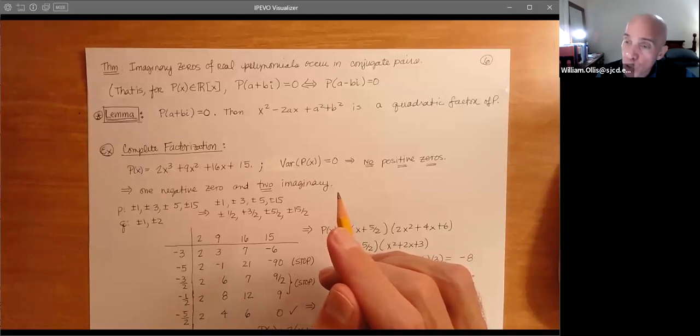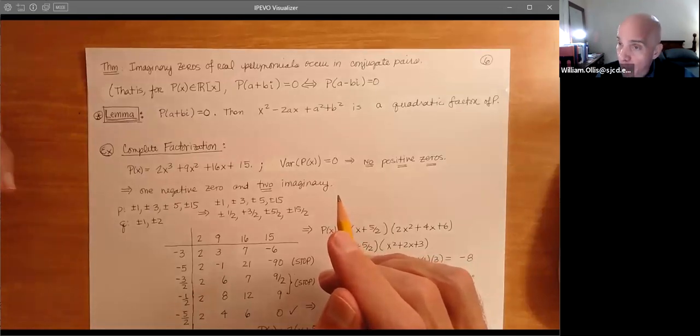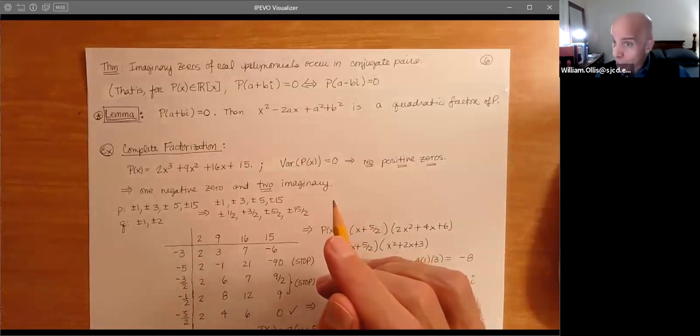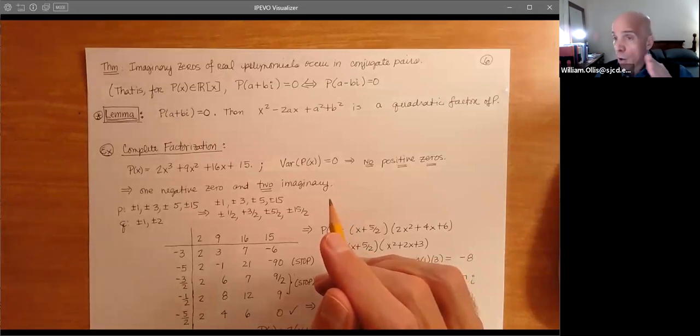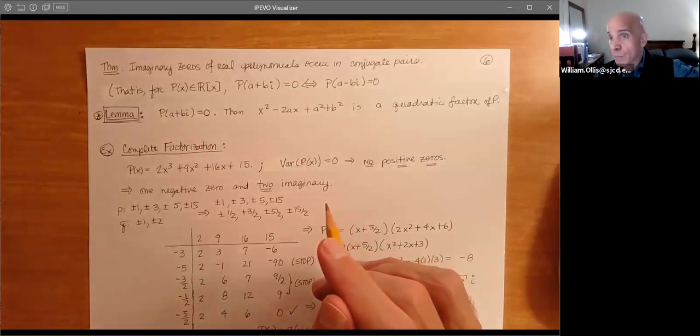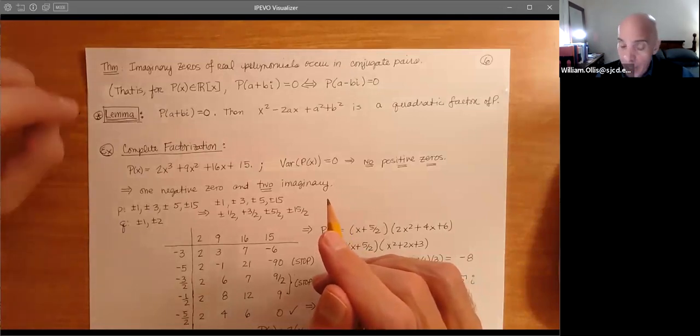So by virtue of the quadratic formula, quadratic factors are either going to give you real zeros, or what? Imaginary. You can get repeated zeros, you can get distinct real, or you can get the other extreme, which is a complex conjugate pair, which gives you the imaginary case.